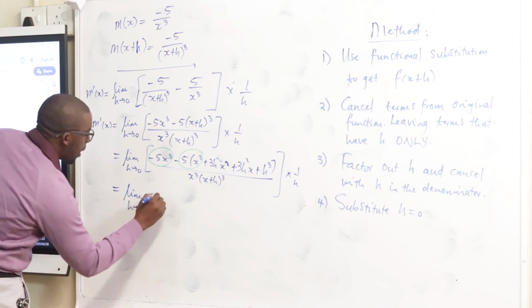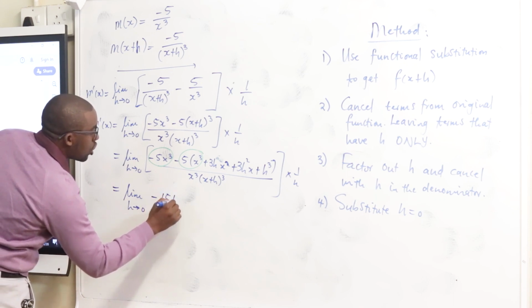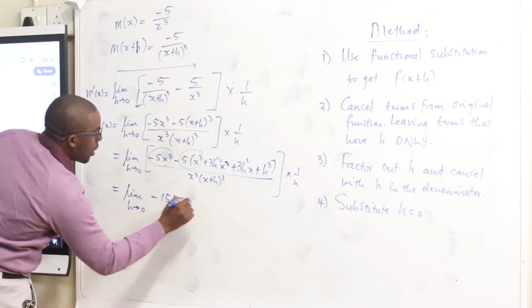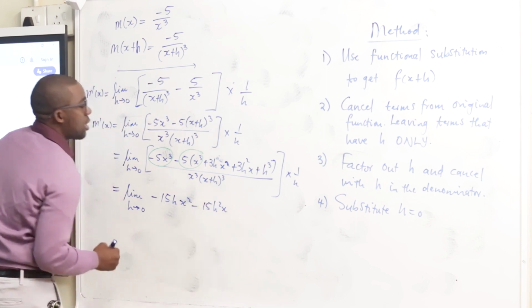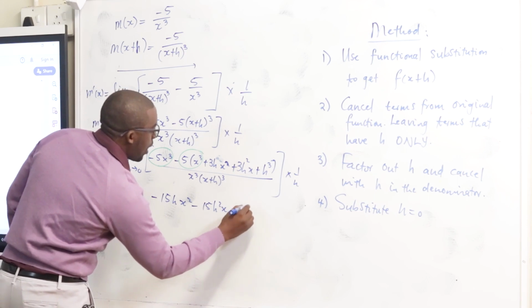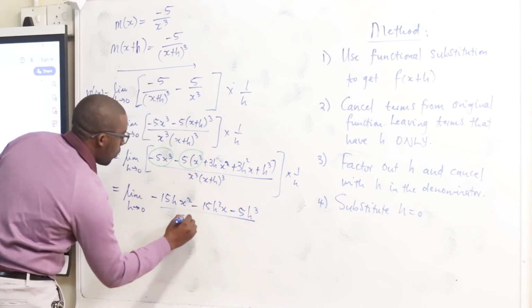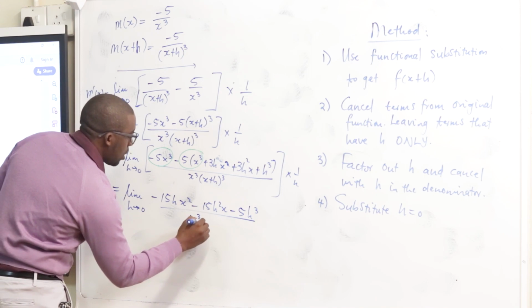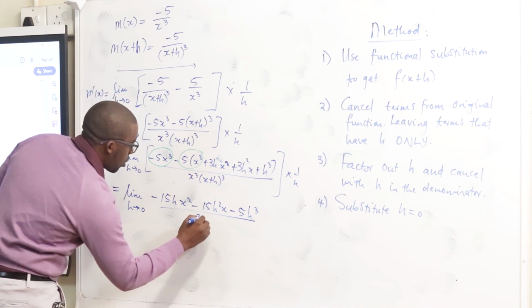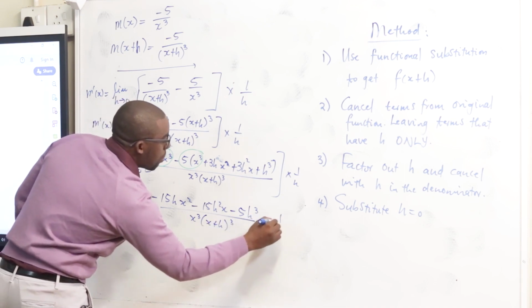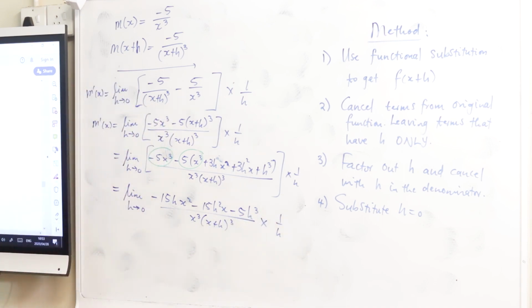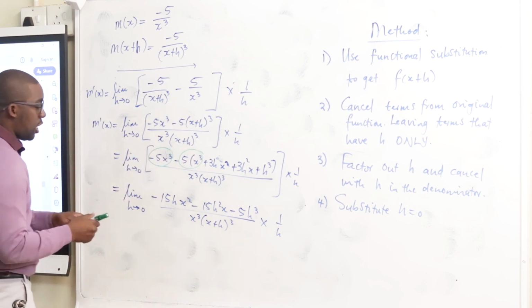We are left with minus 15h x squared minus 15h squared x minus 5h cubed all over x cubed x plus h cubed, still multiplied by 1 over h outside. Then at that junction, we say cancel, factor out an h.